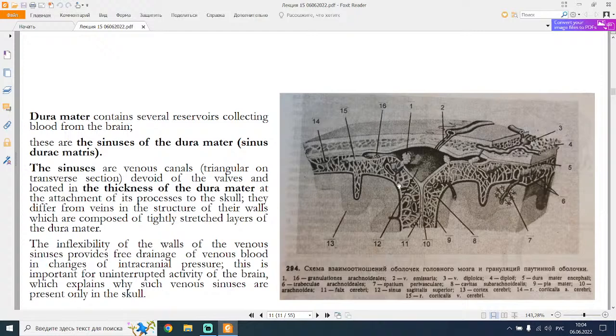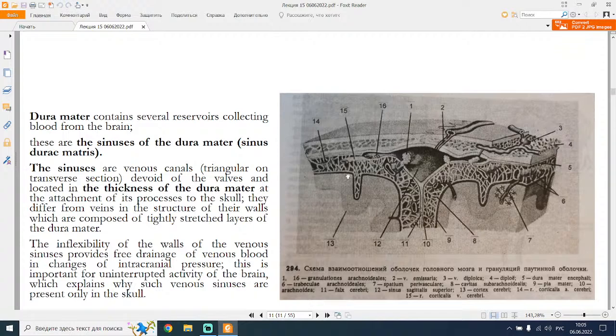The inflexibility of the wall of the venous sinuses provides free drainage of venous blood in changes of intracranial pressure. This is important for uninterrupted activity of the brain, which explains why such venous sinuses are present only in the skull.